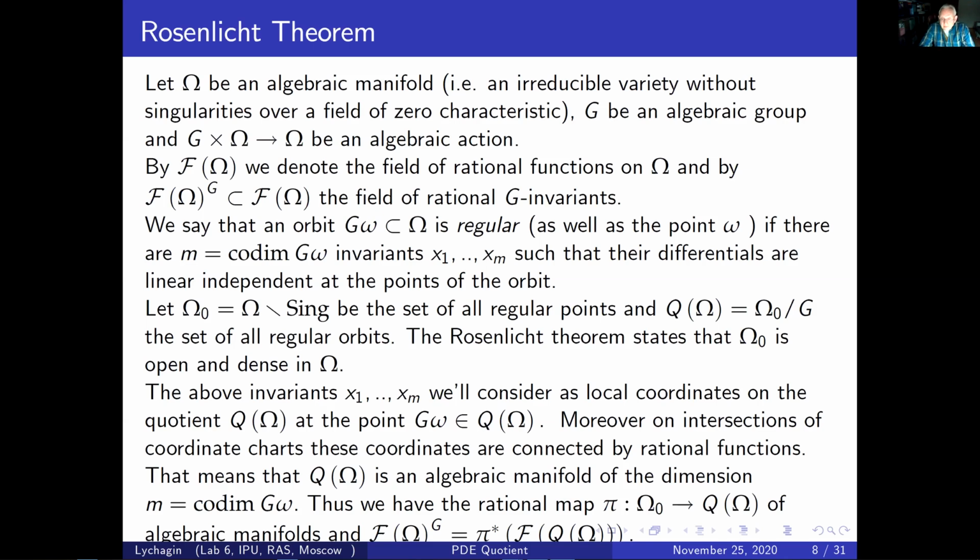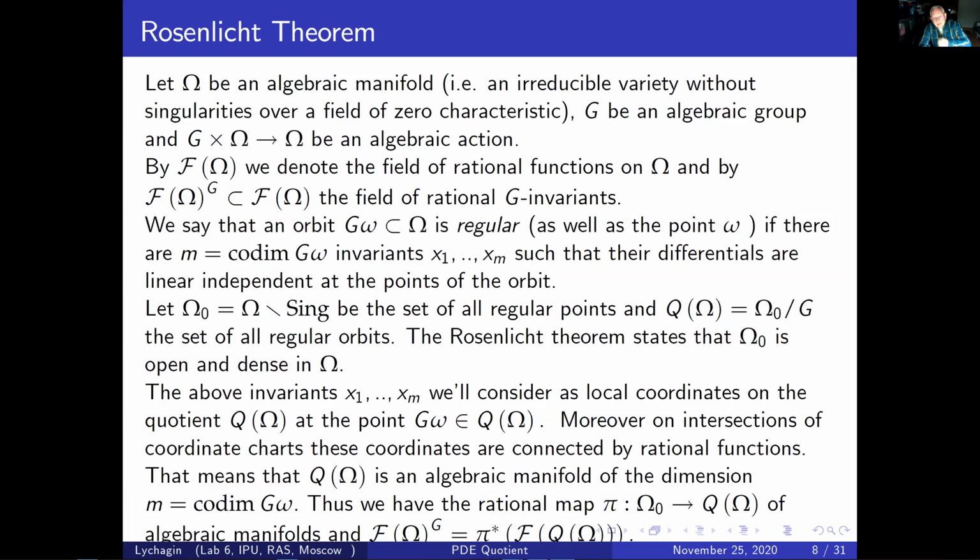It's easy to say, but we don't know how big this omega 0, the set of regular points, is. It can be, say, empty, and then all the results will be without any sense. Once more, think of a torus and irrational winding.